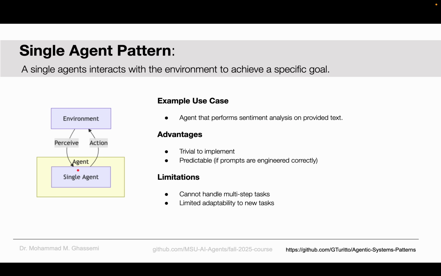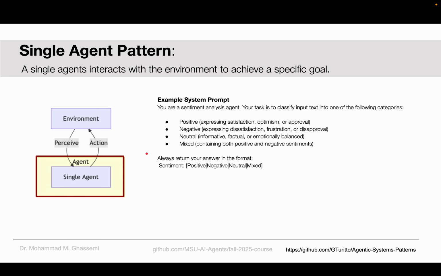And you just call the agent with some text you want to perform the sentiment analysis on, and it responds in a way that you have specified per the system prompt. Advantages of this are it's very easy to implement, and it's highly predictable if you've engineered your prompts correctly. The limitation, of course, is that you can't handle multi-step tasks, and every time you want to achieve a new task with this agent, you're going to have to either change the system prompt or create a new agent with a different system prompt. So it's a little rigid.